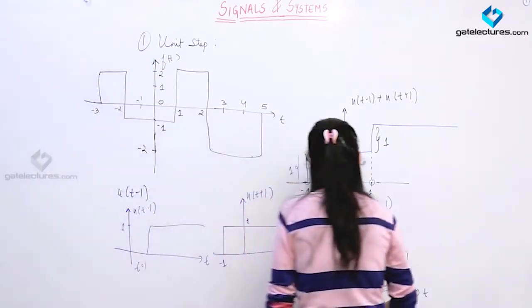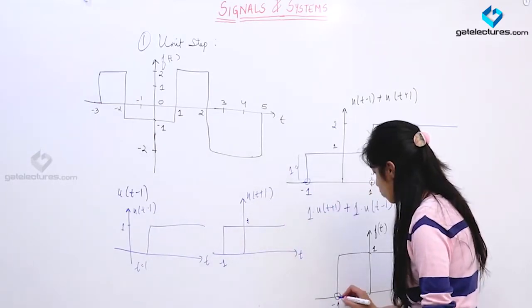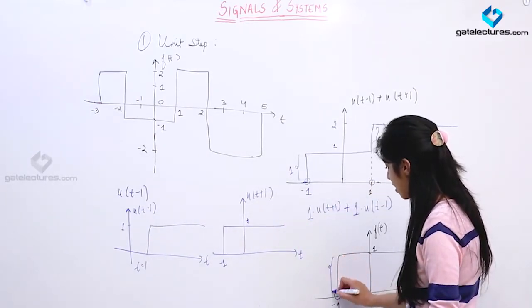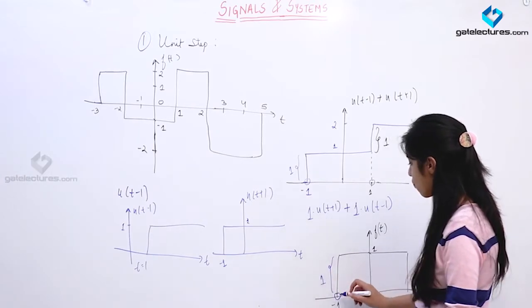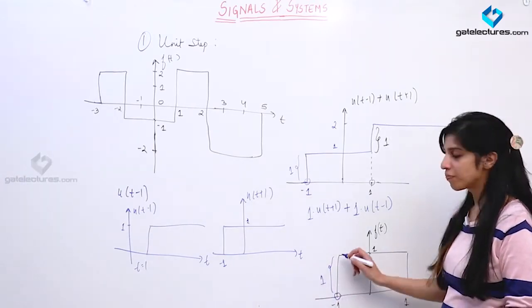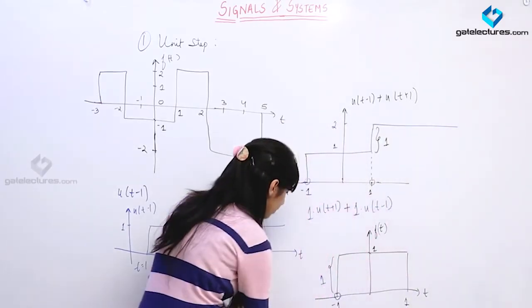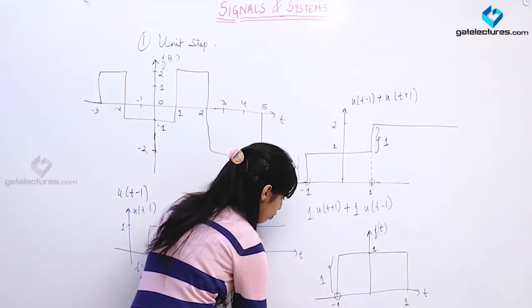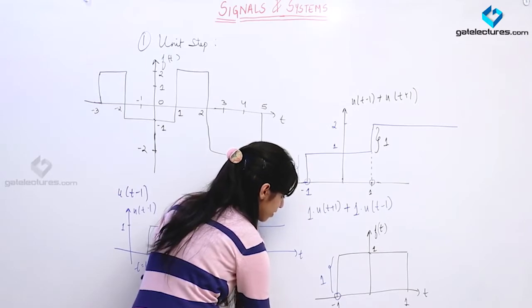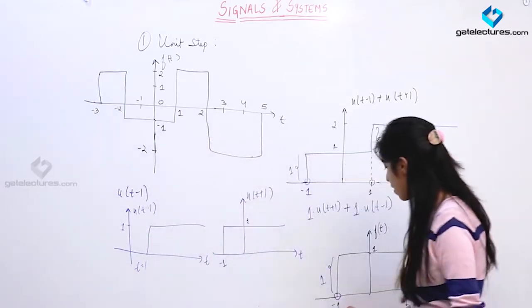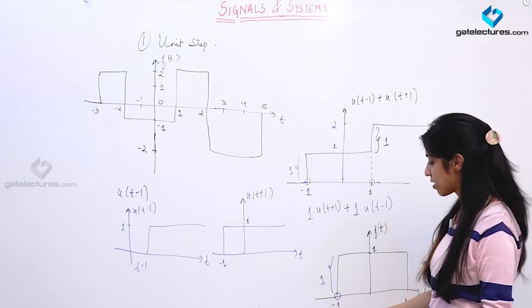So the first step that I got is at minus 1. And what is the size of the step? The value of the step is 1, because initially the value was 0, finally the value became 1. So I can write it as 1·u(t-(-1)), because the step occurred at minus 1, so I am writing it as t minus minus 1.